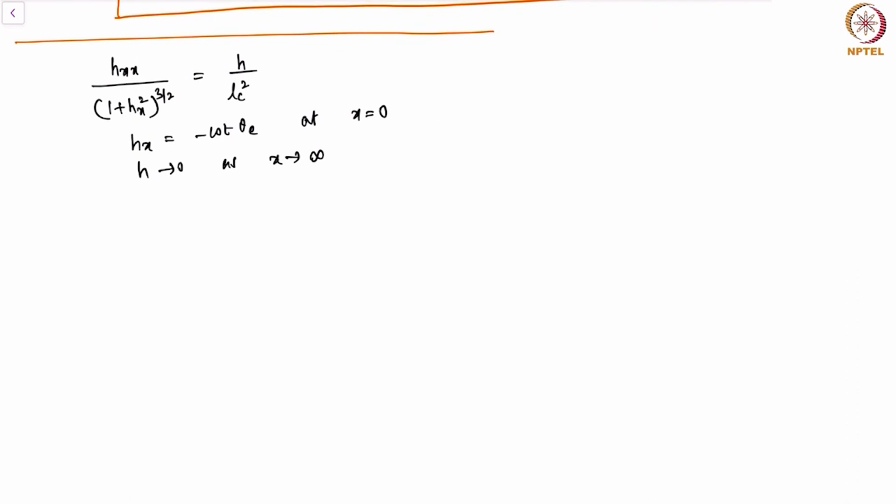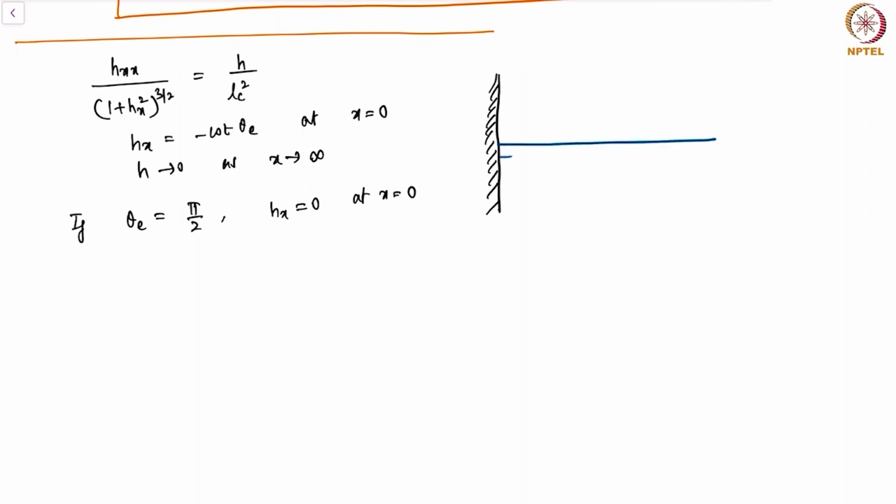Now notice that if theta e is pi by 2 or very close to pi by 2, then automatically h_x is equal to 0 at x equal to 0, which means that the interface is flat. So my plate is this way, vertical, and the interface just remains flat.